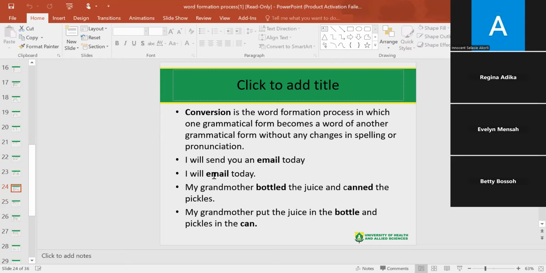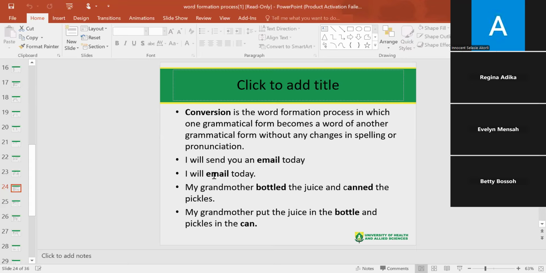I can say, Google is a very good search engine. I can also say, let's Google the word. This word that we don't understand, let's Google it. That noun, which is a search engine, is now used as a verb.